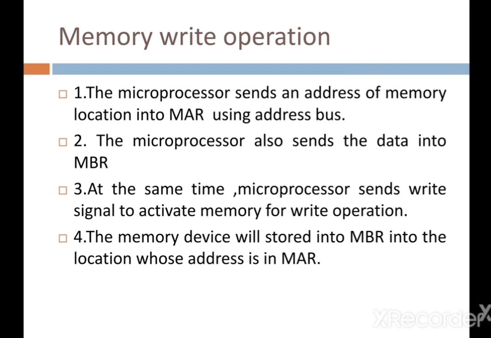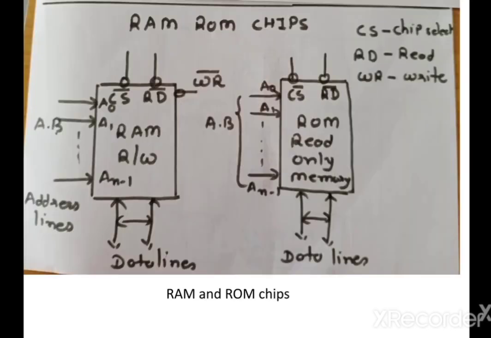That means the first, second and third steps are done by the microprocessor. Then fourth step, the memory device will store the MBR contents into the location whose address is in the MAR, that means memory address register. So this is the memory write operation.